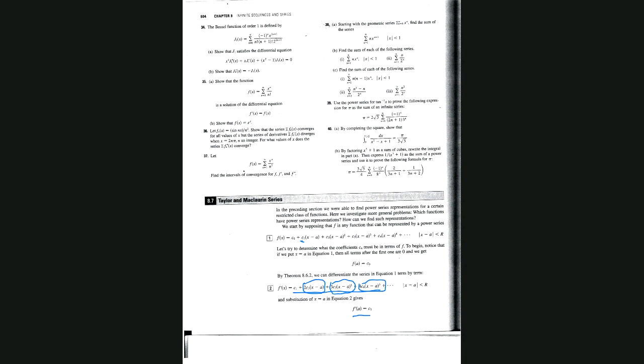I'd like to know what c2 is, that coefficient. What do you think we're going to have to do to figure out a formula for the second coefficient, c2?